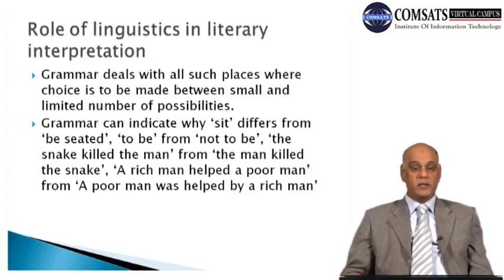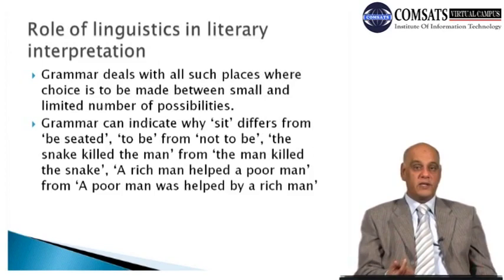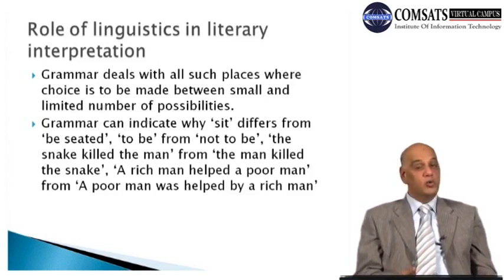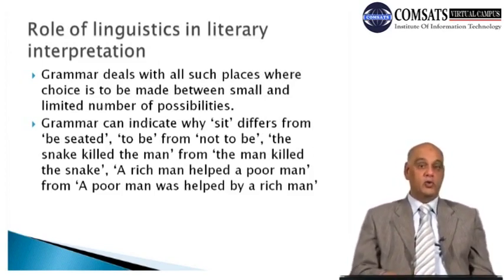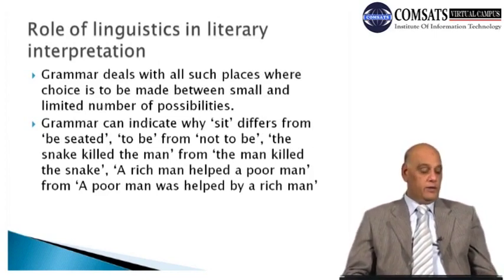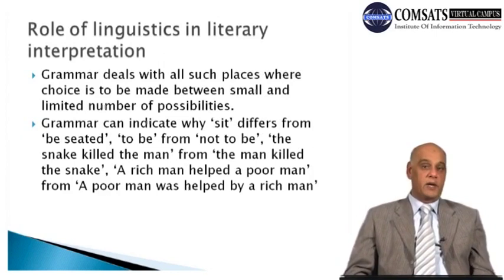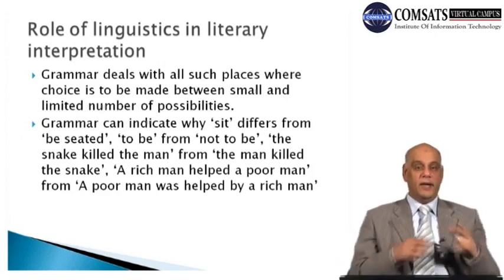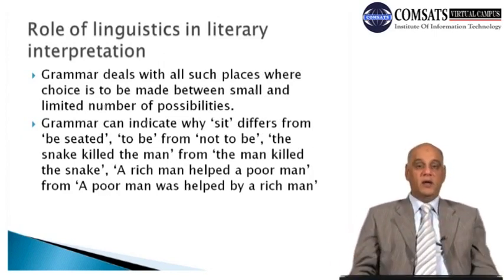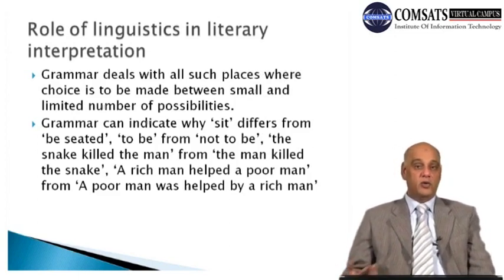When you're choosing the words, wherever some small choice is required, you do look at grammatical pattern, and you are careful that it doesn't spoil the grammatical structure. So grammar deals with such places wherever some choice is made, you do consider grammar. You do consider whether the choice is being made right, or whether you are choosing the right word to replace another word.